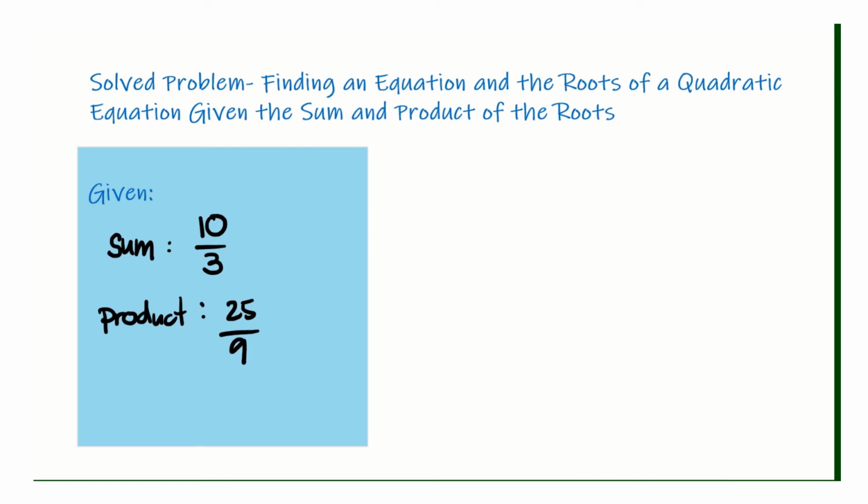Hi, in this video, I'm going to show you a solved problem on finding an equation and the roots of a quadratic equation given the sum and product of the roots.